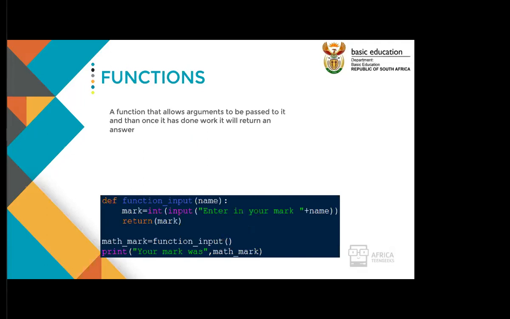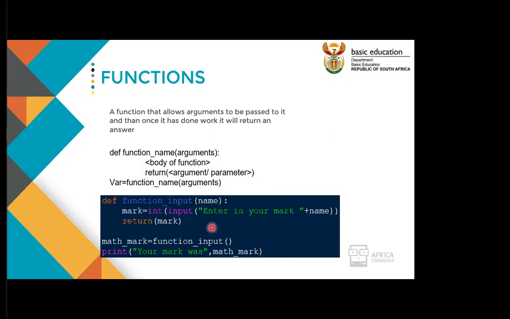Right. So the next one is a function that allows arguments to be passed to it, and then once it is done with its work, it will then return an answer. And how we do this is by simply saying define the function name, giving it arguments, that means what we want to send to it, have the body, and then finally return it. Just like the other one, the only difference is now we've got arguments on the top.